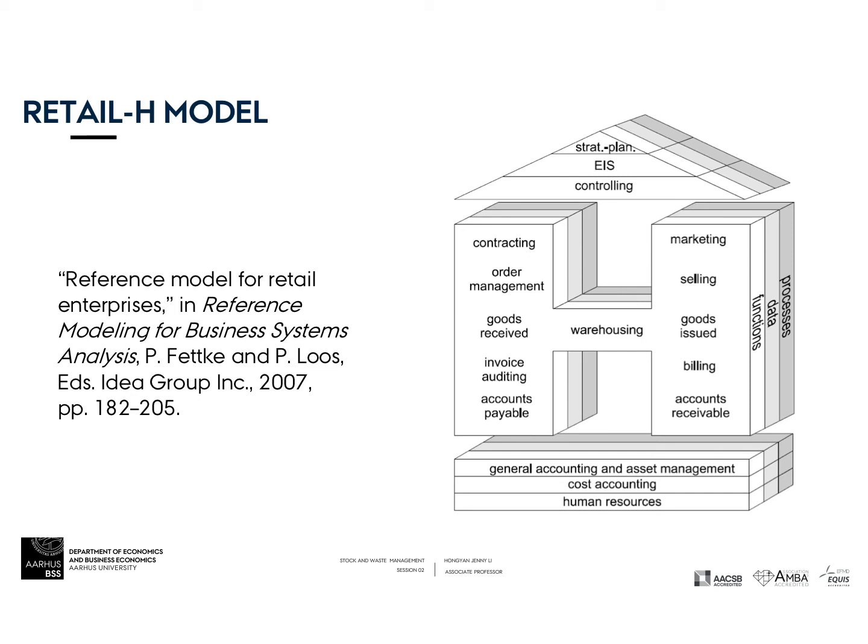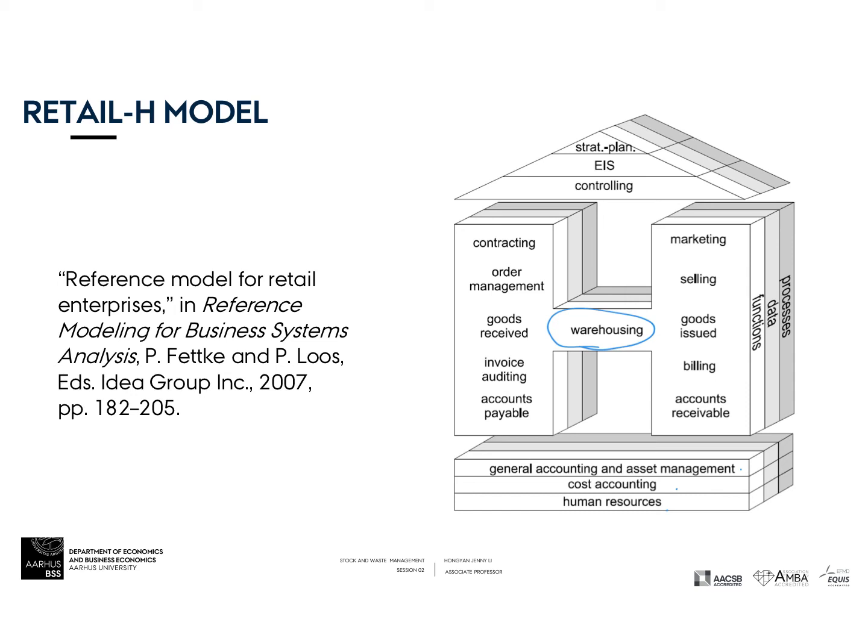On the bottom of this model, you can see there are different functions involved: human resources, cost accounting, general accounting, and asset management. And in the middle, there is a big warehouse or distribution related system.